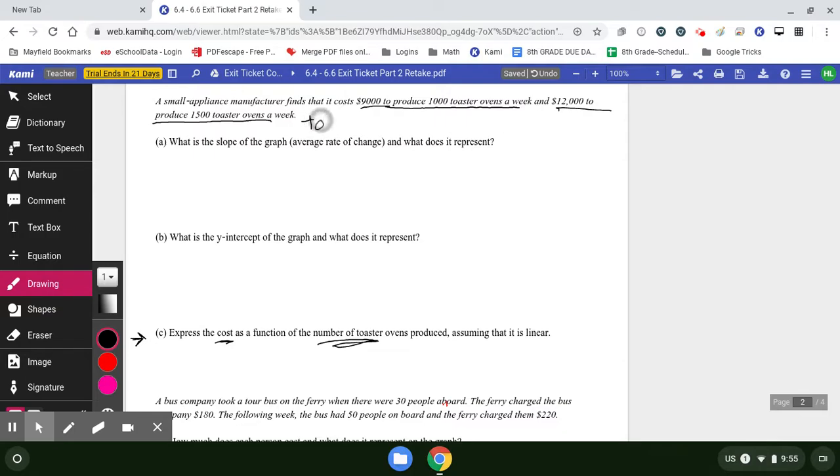So the number of toaster ovens is changing, so that's going to be my x variable. So when I write these 2 points, I've got 1,000 toasters for $9,000. And then I have 1,500 toasters for $12,000. So those are my 2 points.